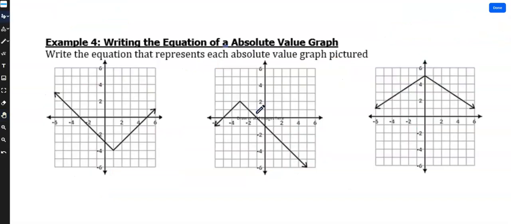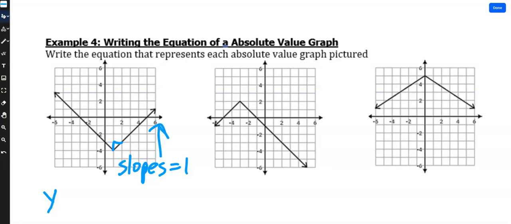Write the equation that represents each absolute value graph pictured. Okay, so notice that the slopes of the lines are just 1, and it opens up. So it opens up, slopes equal 1.